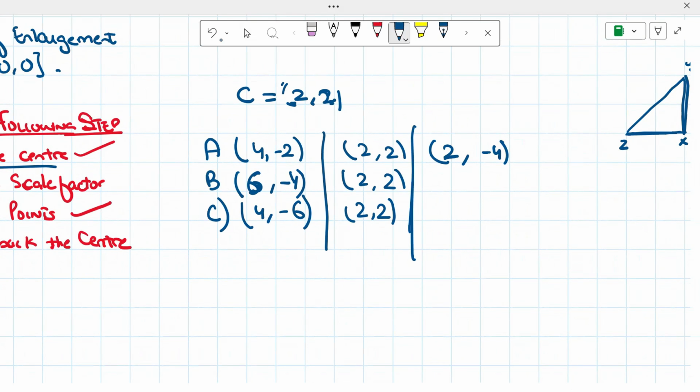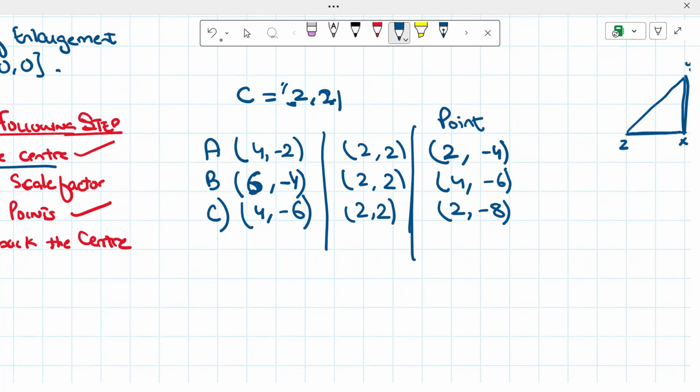Same goes for point B. 6 minus 2 will be 4, whereas minus 4 minus 2 will be minus 6. Coming over here, 4 minus 2 will be 2 again, and minus 6 minus 2 will be minus 8. We got our points. Now these are our tentative points.